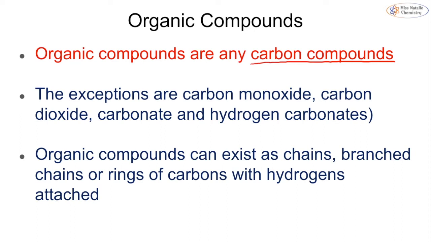And organic compounds can exist as a straight chain, they can exist as branched chains, or they can exist as rings of carbons, and they will always then have hydrogens attached to them. Now, we're not going to go into a lot of detail about the ring structures at GCSE, you cover that at A level, but we're going to look at the chains and the branched chains.